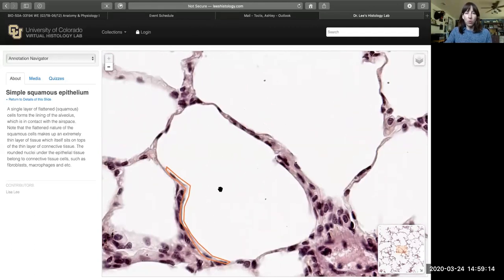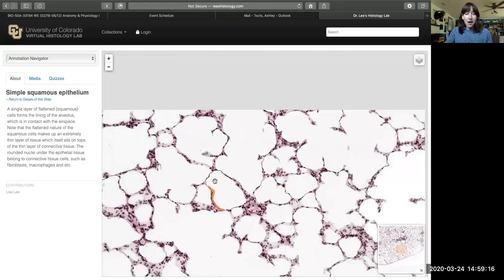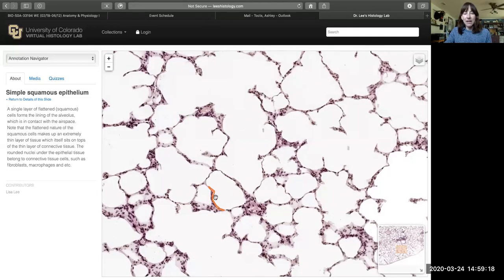So each one of these big white spaces is an air sac lined by simple squamous epithelium, and it is butting up against connective tissue that is vascularized. So the oxygen from the air that you breathe goes through that simple squamous epithelial tissue, because it's for diffusion, it's very thin, right? And goes directly into your blood. Does that make sense? So these are all cross-sectioned alveoli.